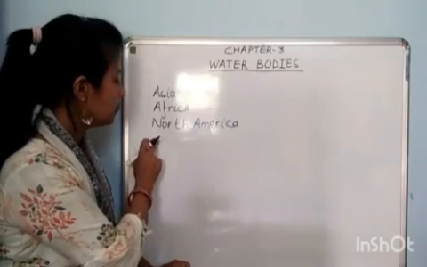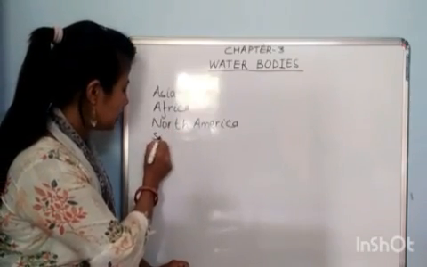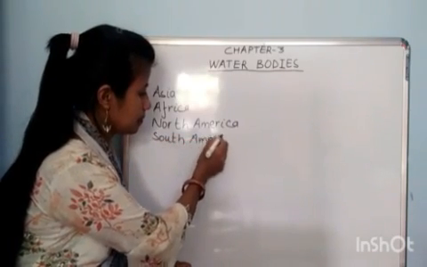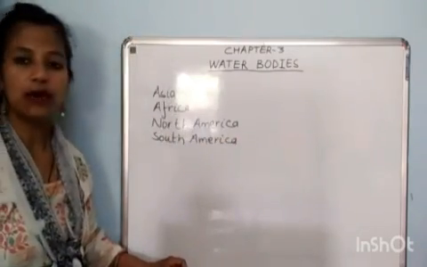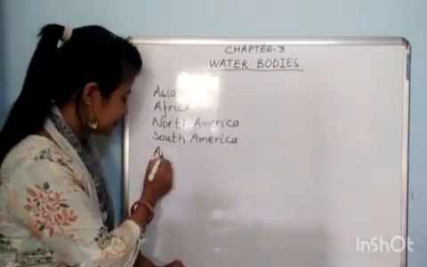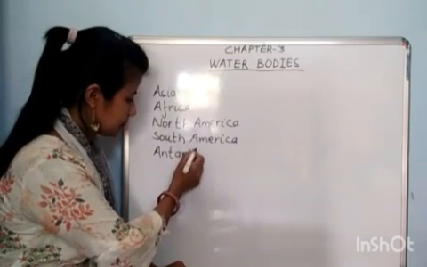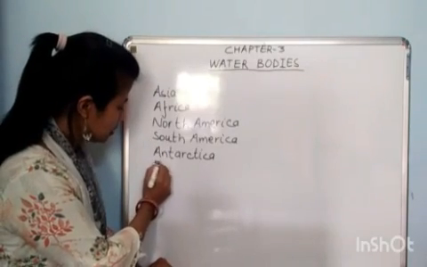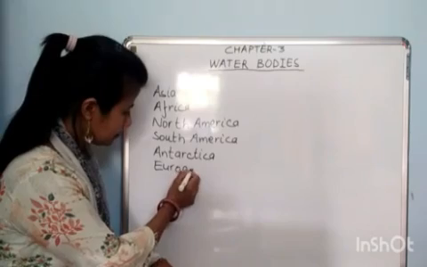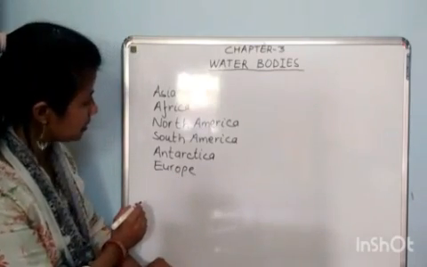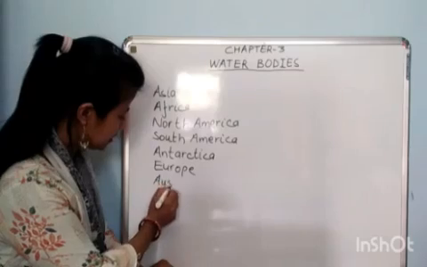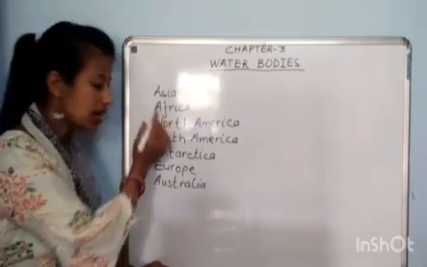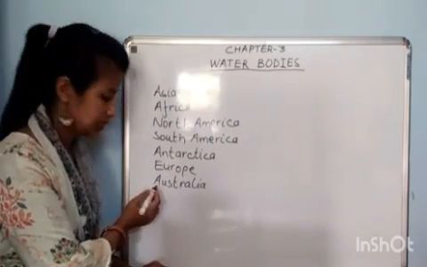Number 4 is South America, then Antarctica, Europe, and number 7 is Australia. The largest is Asia and the smallest is Australia.